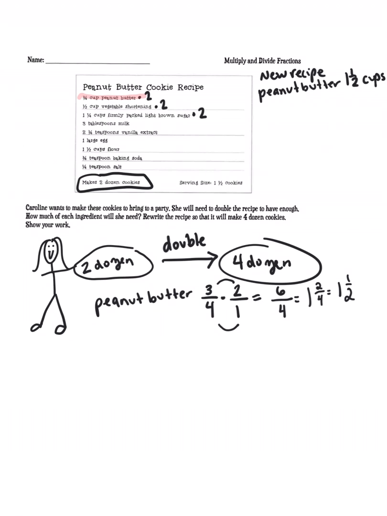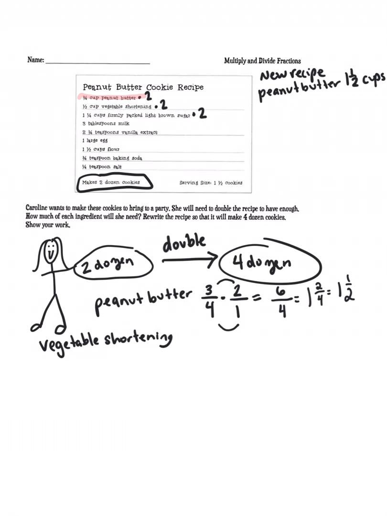Now let's look at vegetable shortening. Shortening, I don't know if you guys know this, but shortening is like oil, but it's kind of solid. Instead of liquidy, for some reason, the way that the shortening is made, they make it so that it's solid and you can scoop it out like butter.